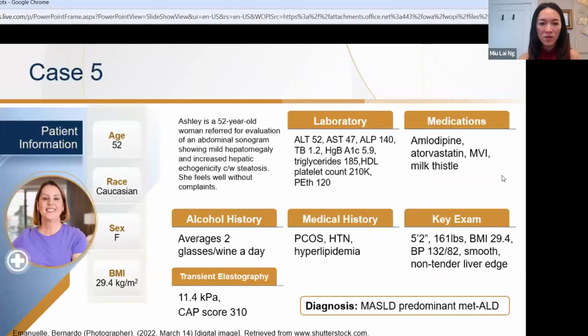So circling back to our case, she drinks about 2 glasses of wine daily. With her metabolic risk factors, her FibroScan, and her PEth of 120, her diagnosis is MASLD, predominant MetALD.